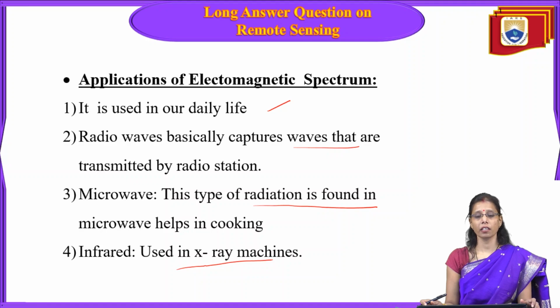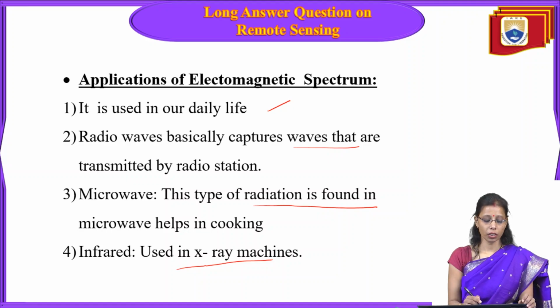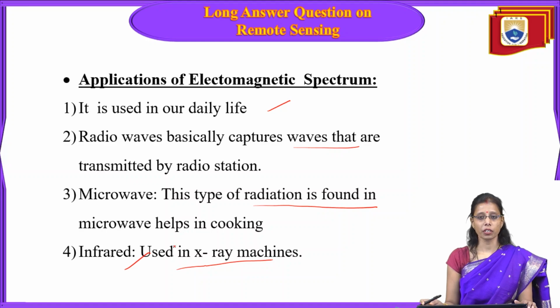We use electromagnetic radiation at home, in the office, and in all places. In hospitals we use X-ray machines, and microwaves for cooking.